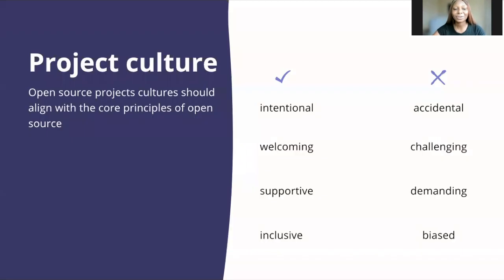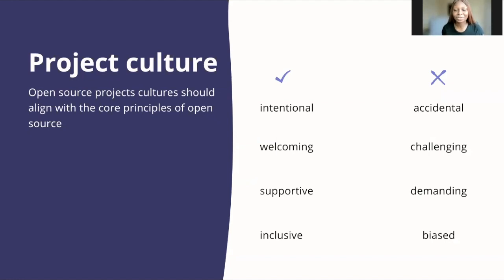And then we'll talk about the culture of our open source communities, because we cannot have a healthy open source community without culture, right? And here we want to decide, as a project owner, whether we want to make our open source community intentional or accidental, whether we want it to be welcoming to people or not so welcoming.